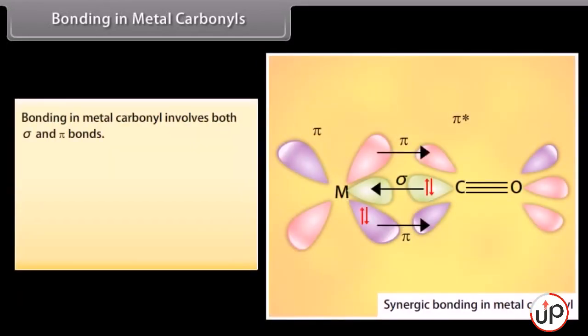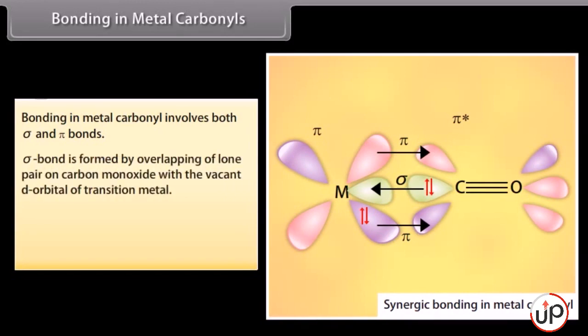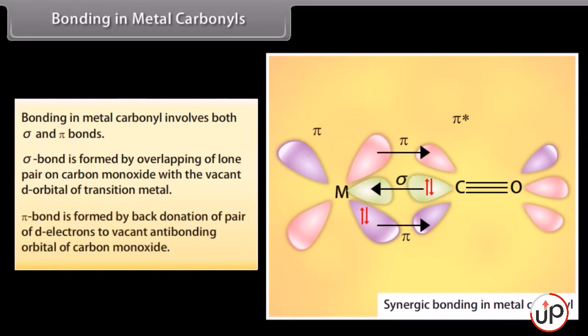Bonding in metal carbonyls involves both sigma and pi bonds. The sigma bond is formed by overlapping of the lone pair on carbon monoxide with the vacant d orbital of the transition metal. The pi bond is formed by back donation of a pair of d electrons to the vacant antibonding orbital of carbon monoxide.